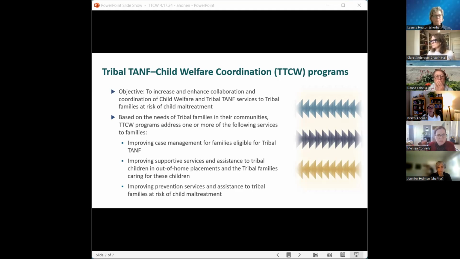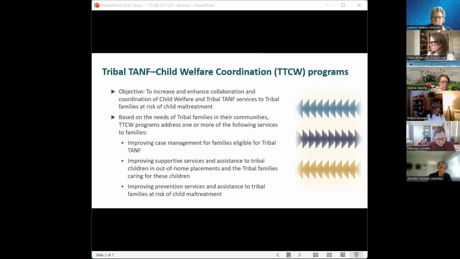Based on the needs of tribal families in these communities, TTSW grant recipients' projects are expected to address one or more of the service types listed on this slide: case management for TANF eligible tribal families, supportive services and assistance to tribal children in out-of-home placements and to the families caring for these children, and prevention services and assistance to tribal families at risk of child maltreatment.